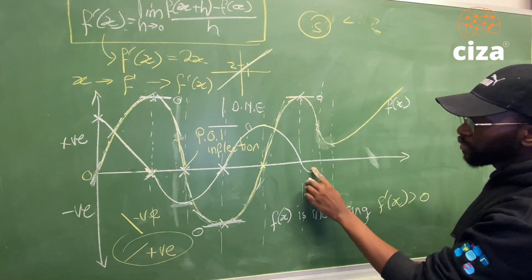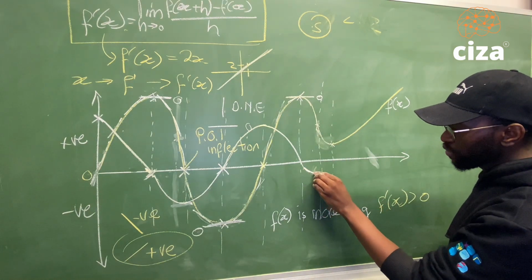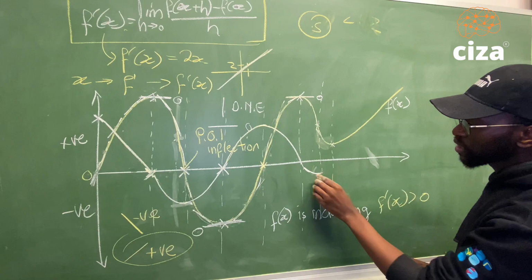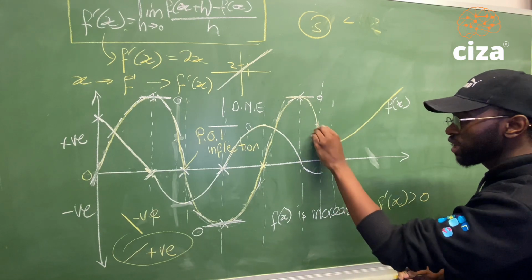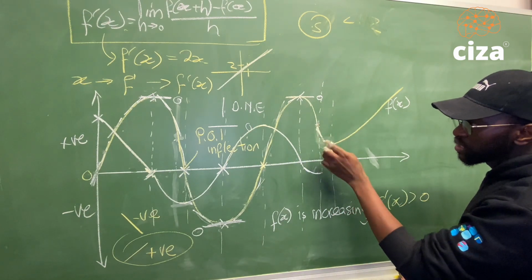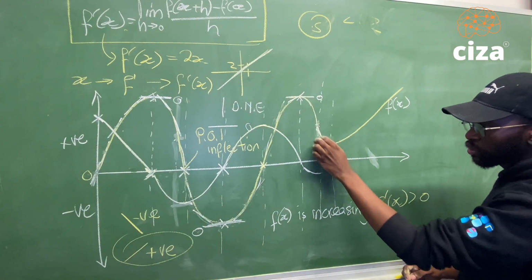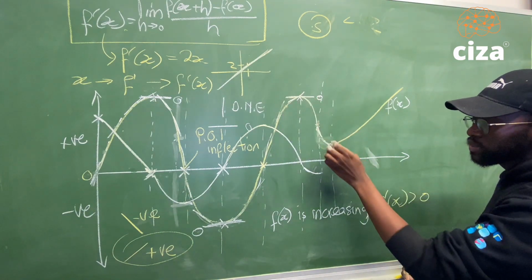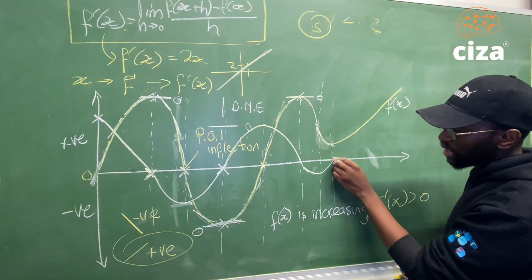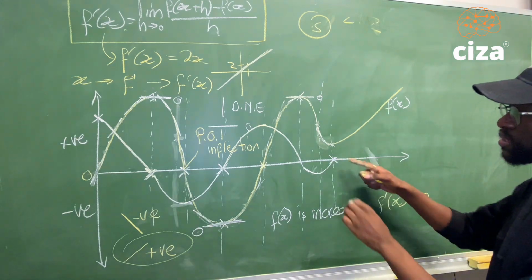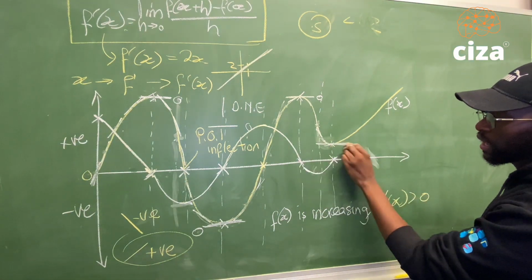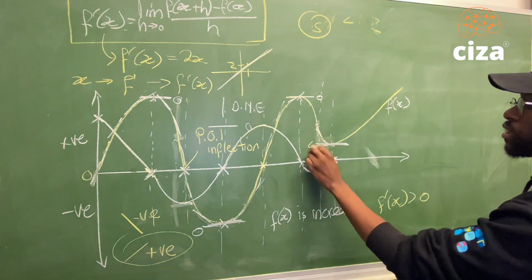But our point of inflection here is where our function will change direction also, as this function now becomes concave up. Here it was concave down, so it will pass the x-axis again, where the gradient of the original function is 0.